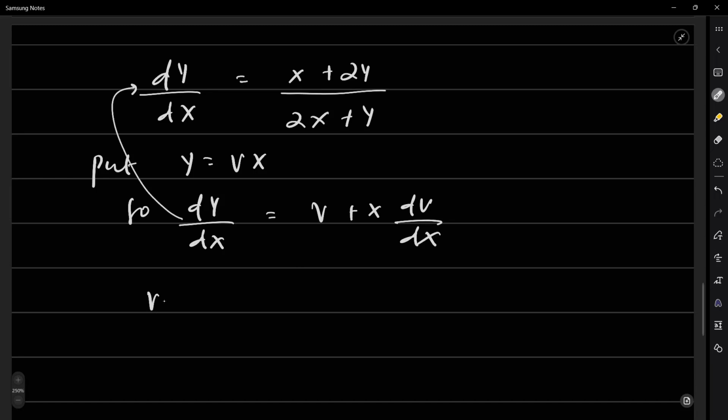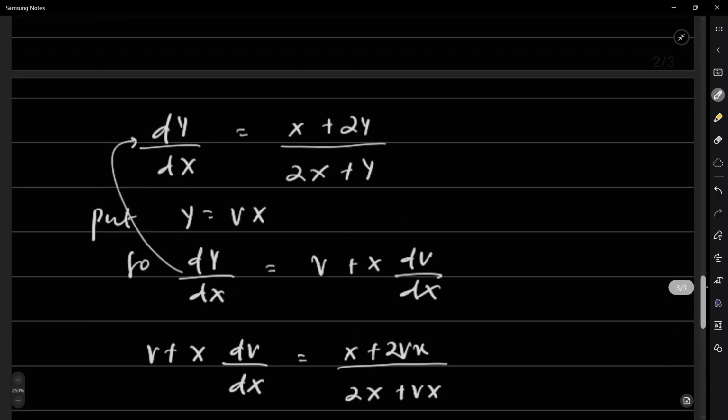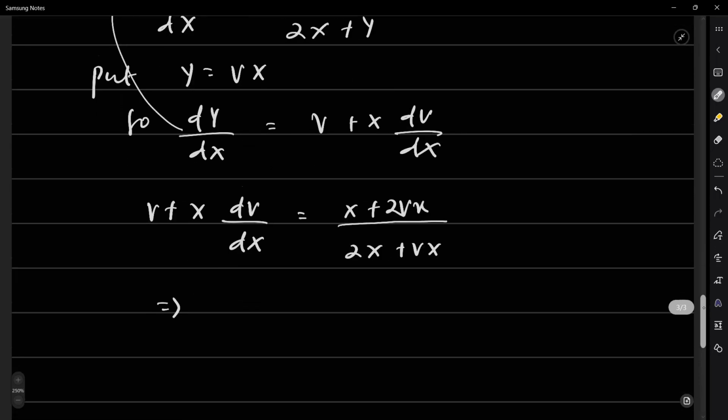So v plus x dv by dx is equal to x plus vx divided by 2x plus vx. Now, why have we done this substitution? The substitution is made to convert the differential equation into variable separable form to make the solution easy.